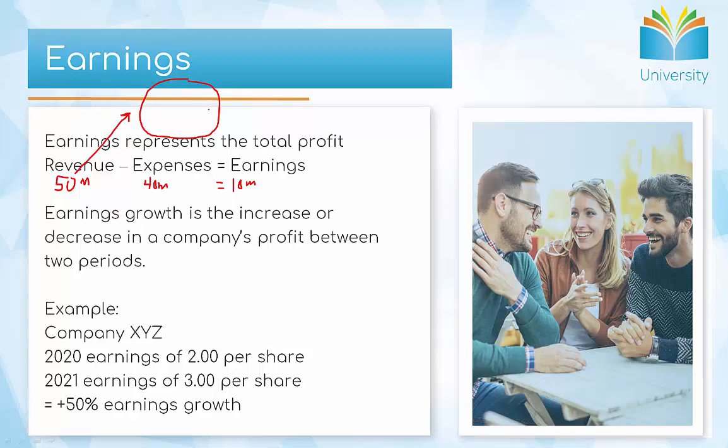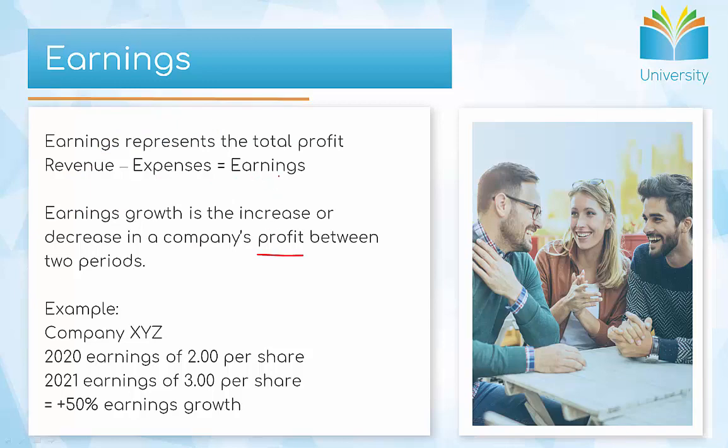I'm just telling you why investors might pay for a company that's losing money, that only really has expenses right now, but they might be willing to do that because they think the revenue potential and, frankly, the earnings potential of the future is dramatic. Earnings growth is the increase or decrease in the company's total profit.